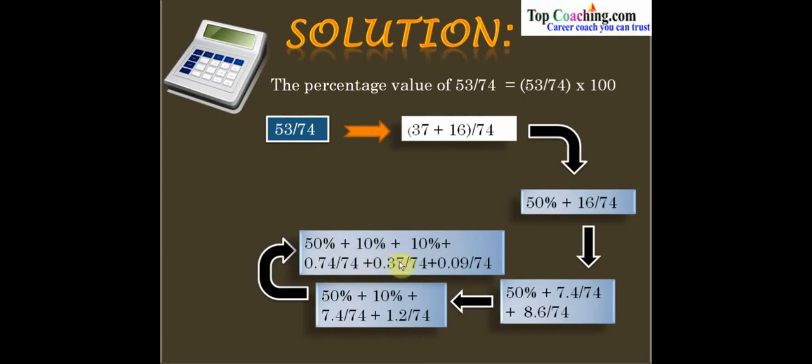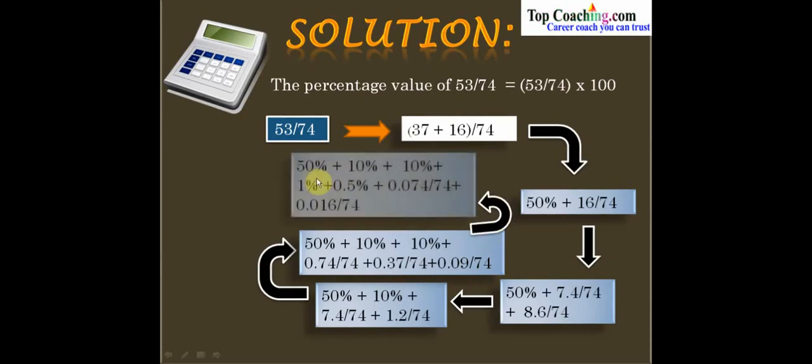So 0.74 divided by 74 plus 0.37 divided by 74 plus 0.09 divided by 74. This could further be written as 50% plus 10% plus 10% plus the rest. This quantity 0.74 by 74 into 100 would be equal to 1%. Similarly, 0.37 by 74 would be equal to 0.5%.